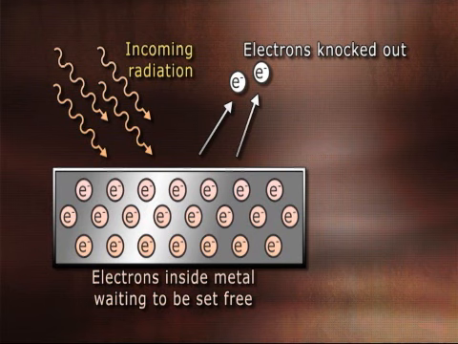A certain level of energy is needed to allow the electron to overcome the attractive forces that hold it within the metal. If the energy is sufficient, the electron will be ejected from the metal. If the photon has more than the minimum amount of energy required, the extra energy will appear as the kinetic energy of the emitted electron.